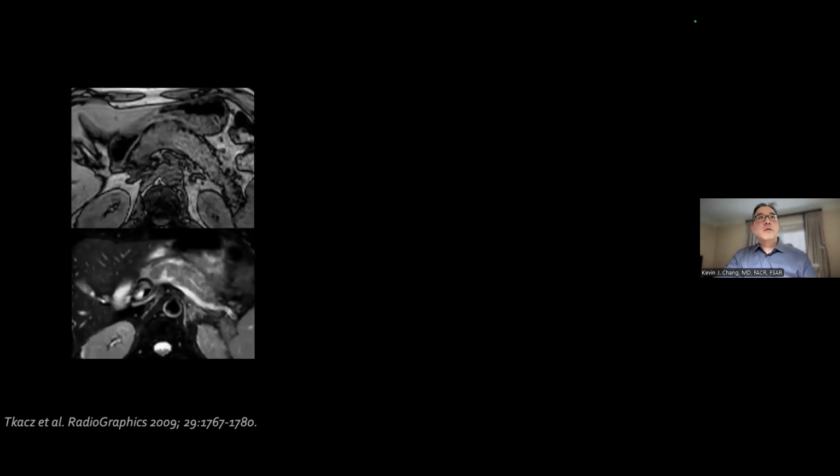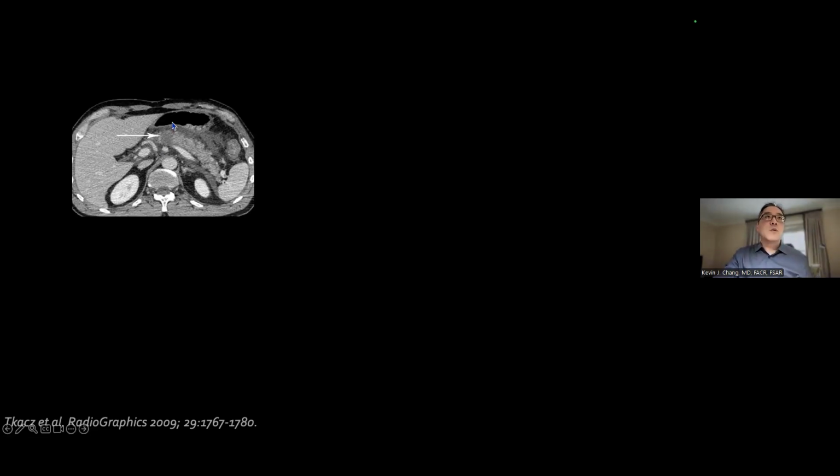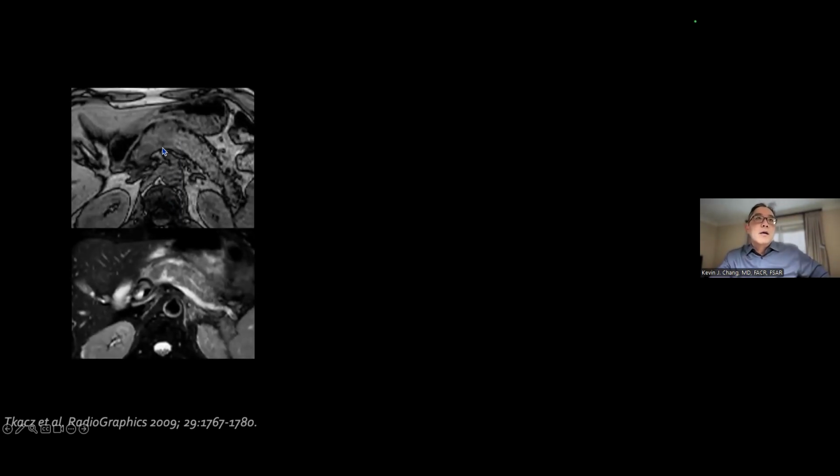So when you see non-enhancement or hypoenhancement in the pancreatic neck, especially when it's right in front of the midline structures like the vertebral body, you want to entertain the possibility of pancreatic ductal transection, for which MRCP is an excellent modality to better evaluate the presence of pancreatic injury, as well as the status of the pancreatic duct.